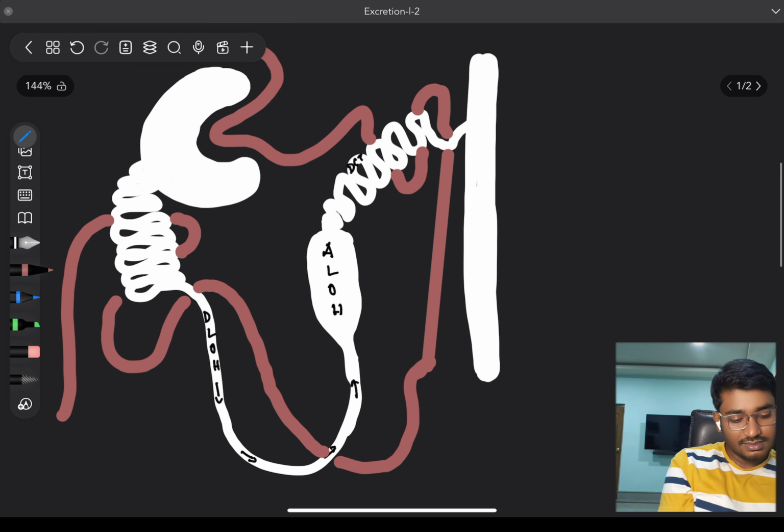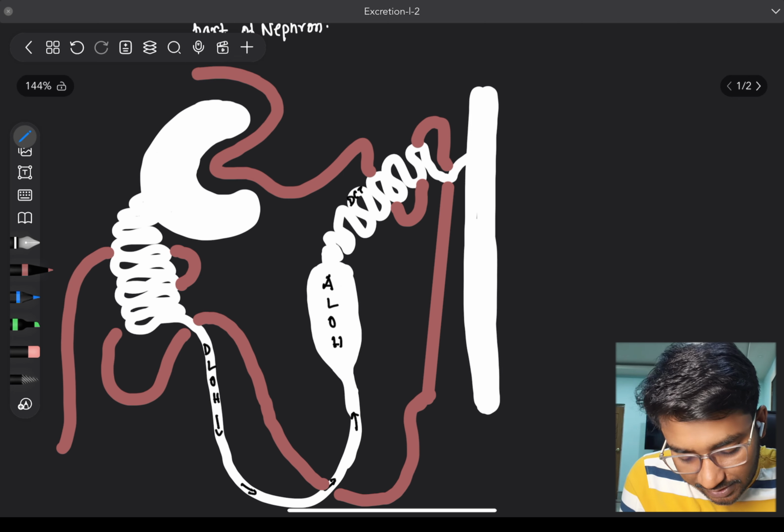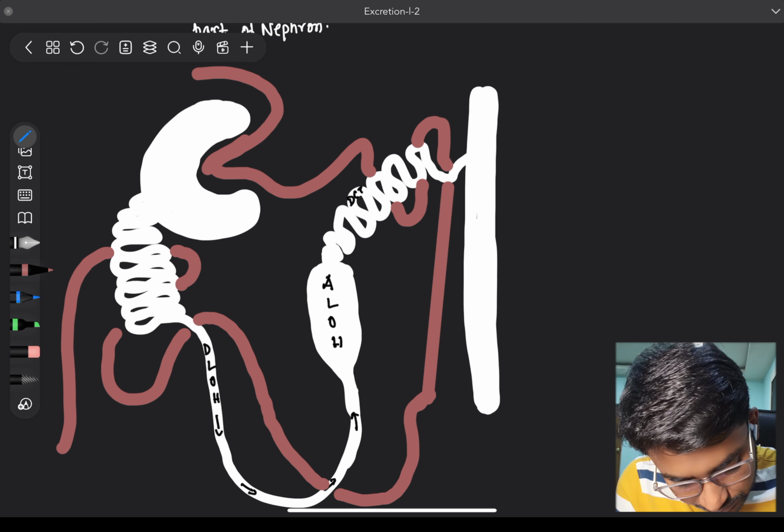This is the vasa recta network, through which the counter current mechanism happens.